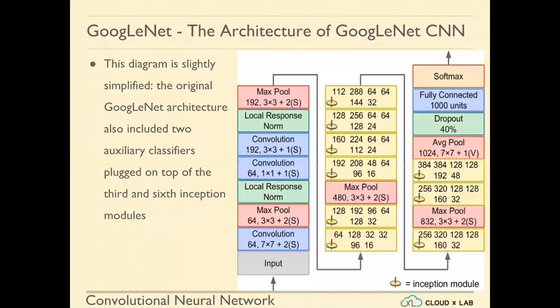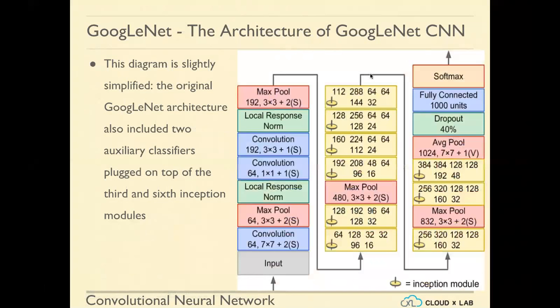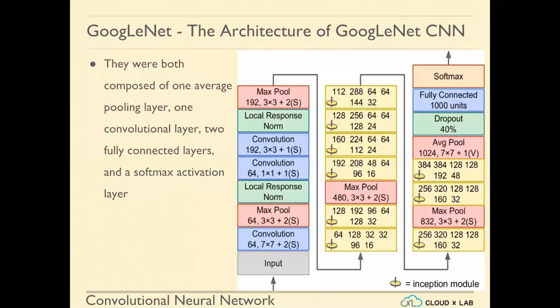Okay. So here 1, 2, 3 at this, and somewhere here it had the auxiliary classifiers. They were both composed of one average pooling layer, one convolution layer, two fully connected layers, and a softmax activation function.